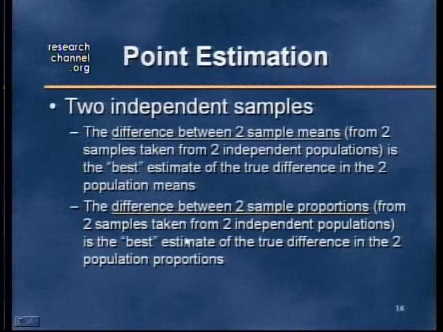Whereas if we have a binary outcome, the difference between two sample proportions gives us the best estimate of the true difference between two population proportions. Make sense? So we'll be looking at examples of these, but it's all a variation on the same theme, looking at either one sample or two samples from two independent populations, either continuous data or dichotomous data.